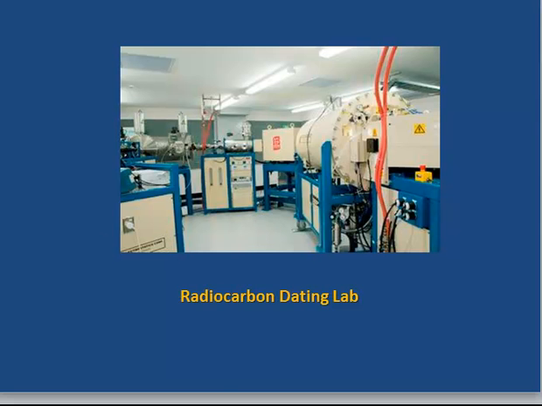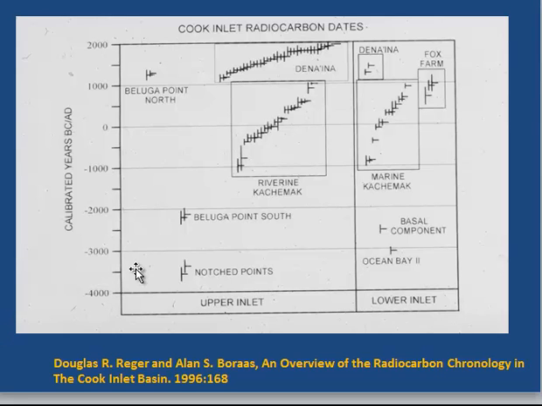So to go back to this chart, this is the same one I showed at the beginning. The horizontal line is the date, the average date after that whole process went on, and the vertical line is the standard deviation. This sample had a very large standard deviation. Some of these had a very low standard deviation.